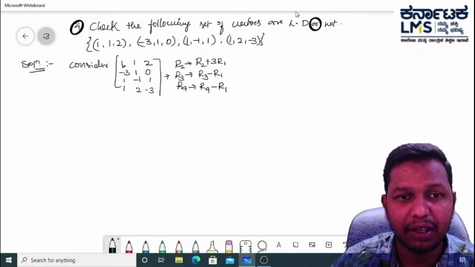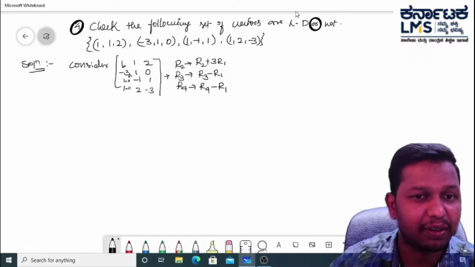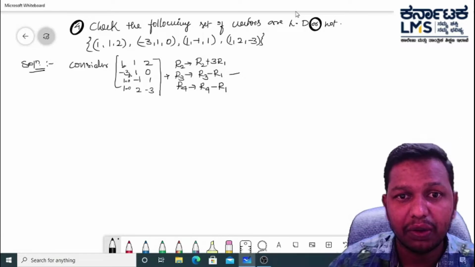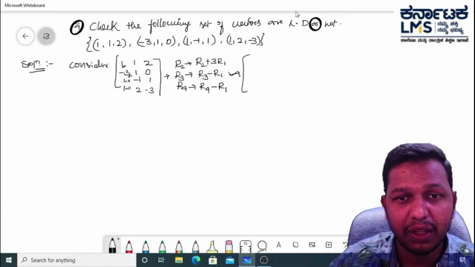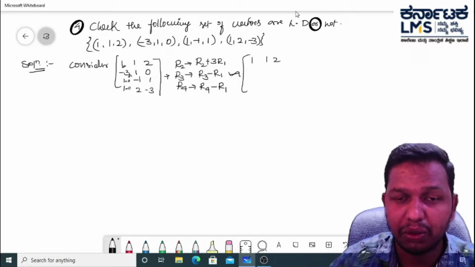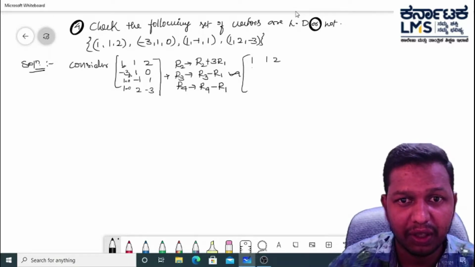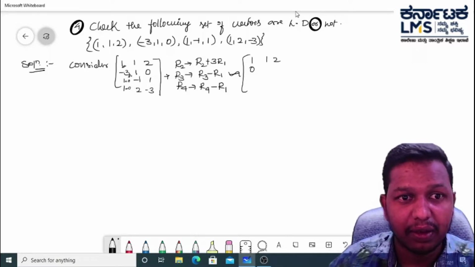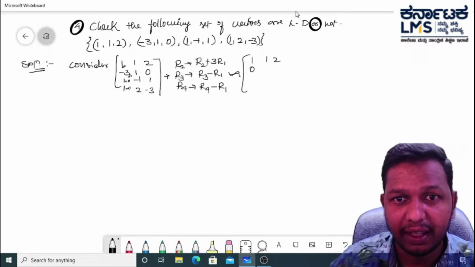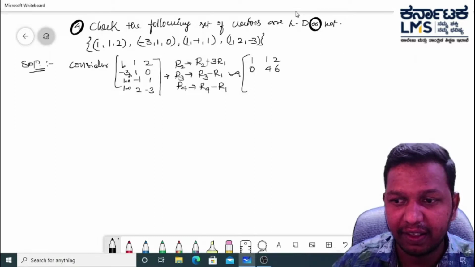These elementary operations aim to make these entries equal to 0. So in the equivalent matrix, the first row stays 1, 1, 2 because there is no elementary operation for it. Second row: 0, 1 plus 3 is 4, 0 plus 6 is 6.